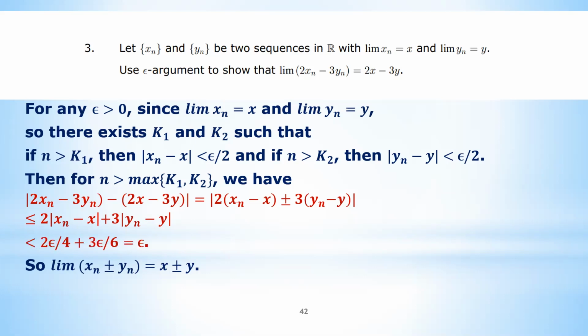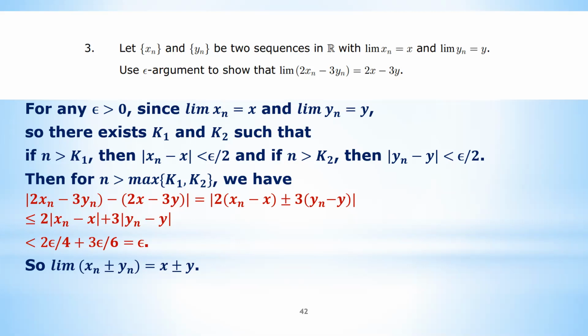And then you want to reach epsilon. Eventually you will make the epsilon appear, but in order to do that, you can see that this time for xn minus x, if you're still using the absolute value of xn minus x less than epsilon divided by 2, you are not going to reach epsilon. So you want to make xn minus x even smaller.